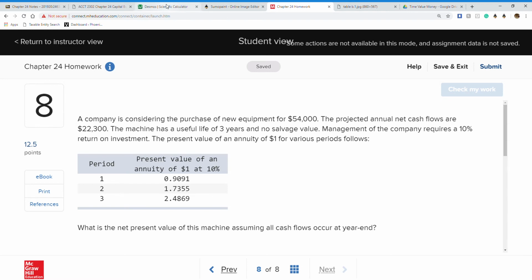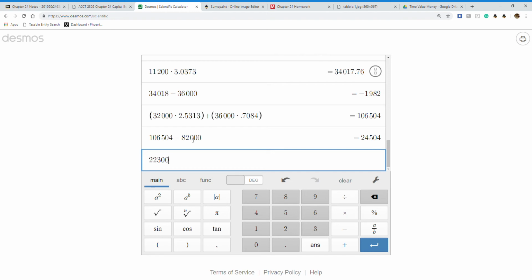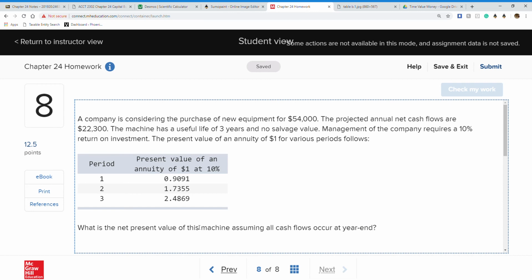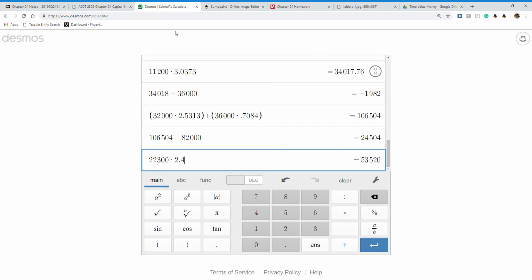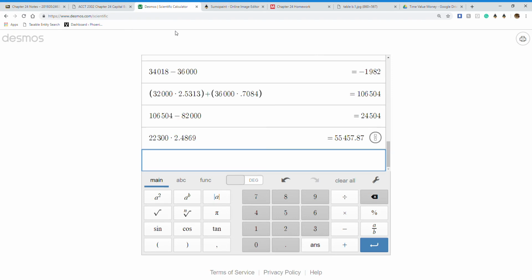Take the cash flow. And since this is an annuity for all 3 years, take our rate for the 3 years, 2.4869. So it's 55,457. We're going to say 58. We're going to round it to the nearest dollar.